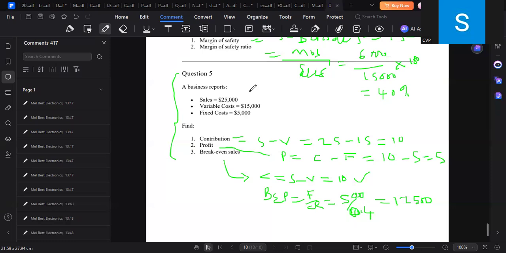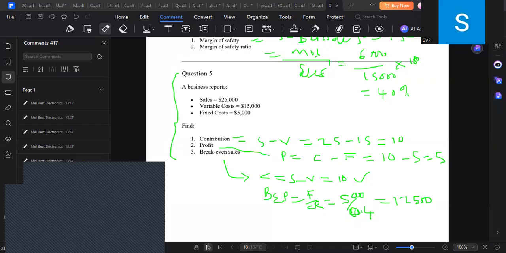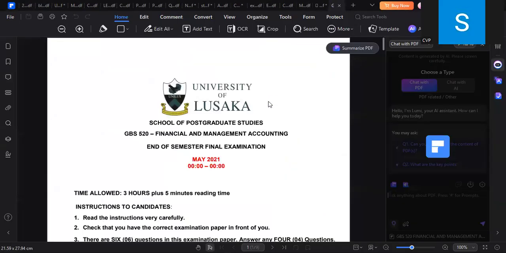This is one of the easiest questions that you should never leave behind, because it always comes. It requires less thinking, since it's just about knowing these formulas and remembering them.